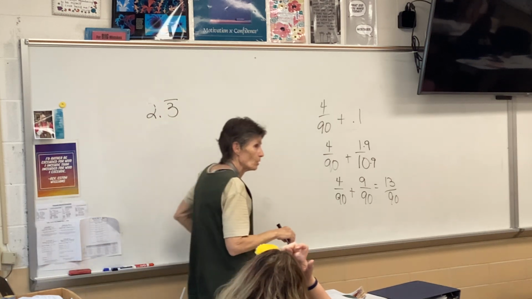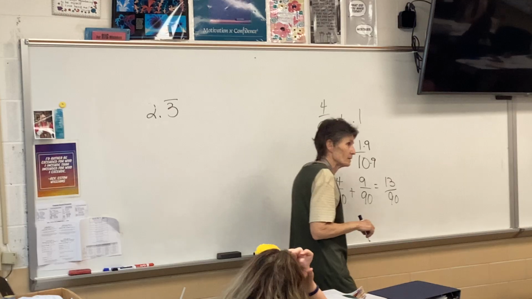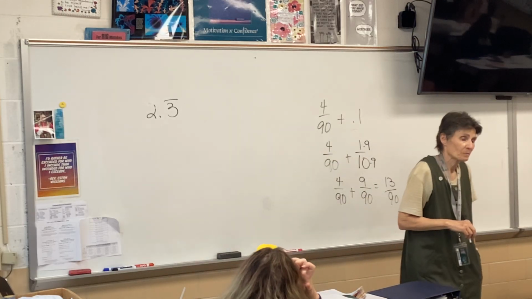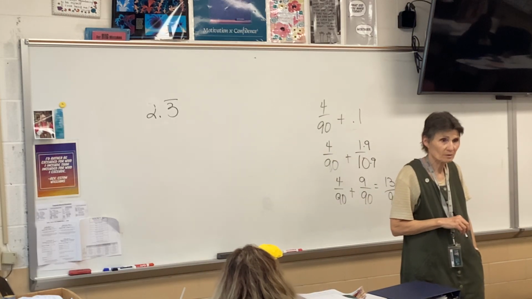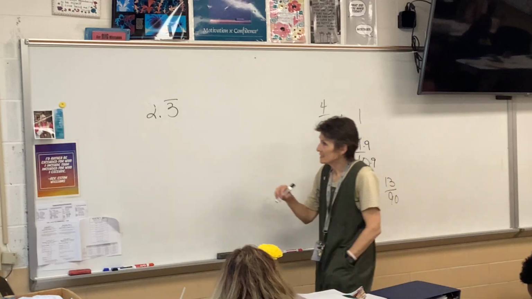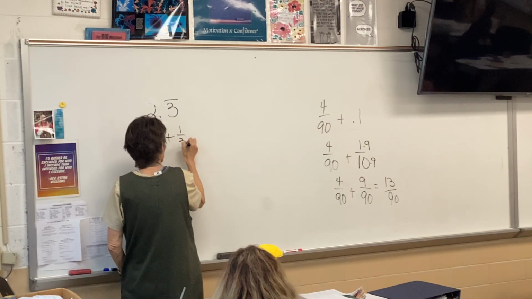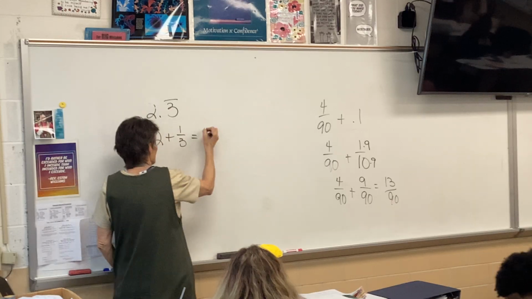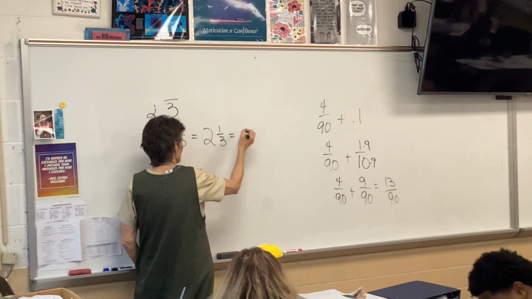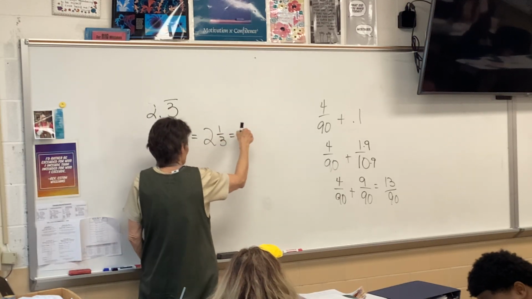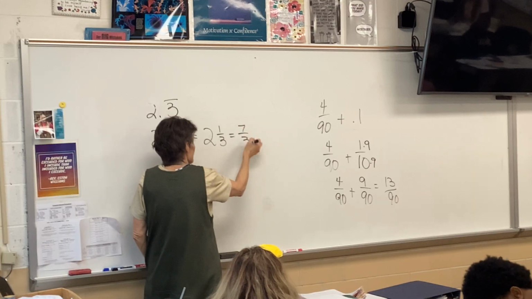We really don't know what 0.333 is. It's 1/3. 0.333 is 1/3. So this is 2 plus 1/3, which is 2 1/3, or if you like an improper fraction, 7/3.